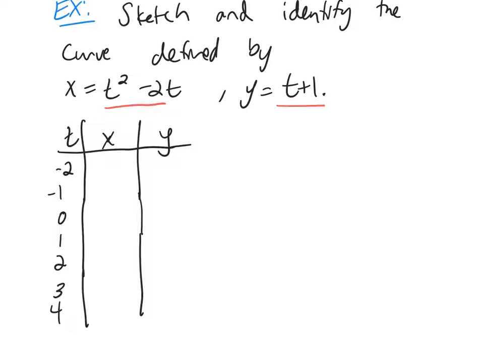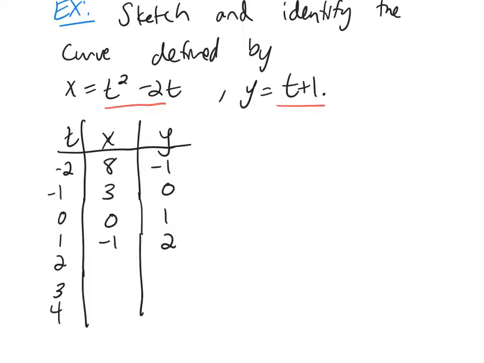So if I plug in -2, x will be 8, y will be -1. If I plug in -1, you'll get 3 for x, 0 for y. 0, you'll get 0 for x and 1 for y. 1, -1, 2.